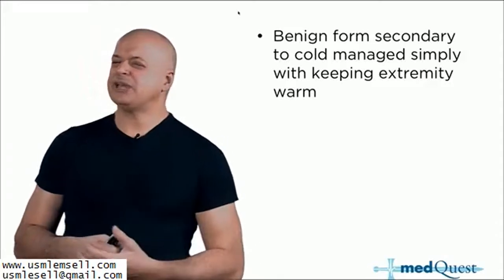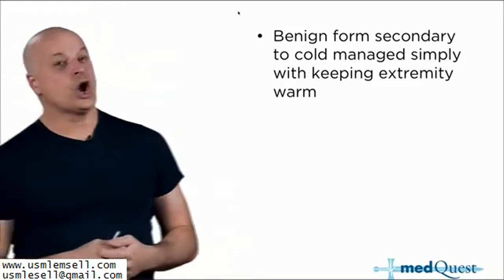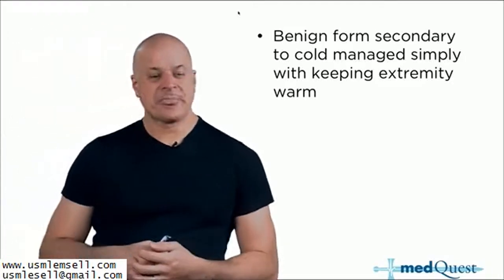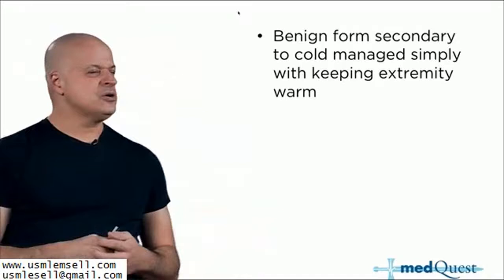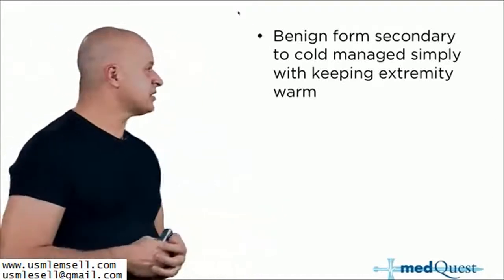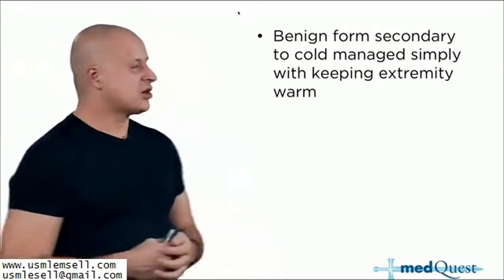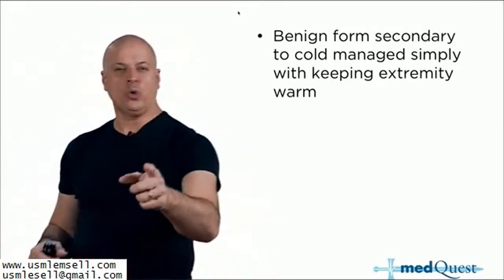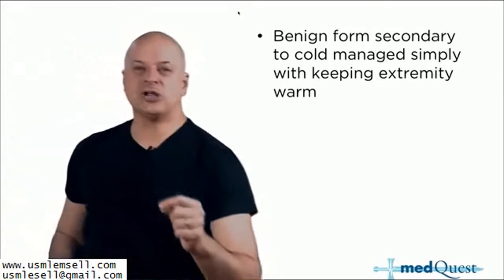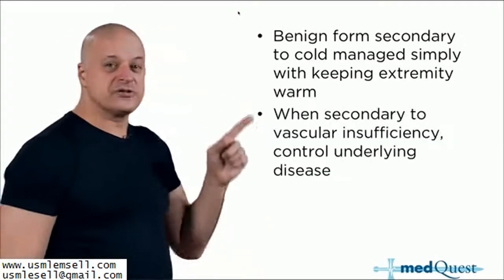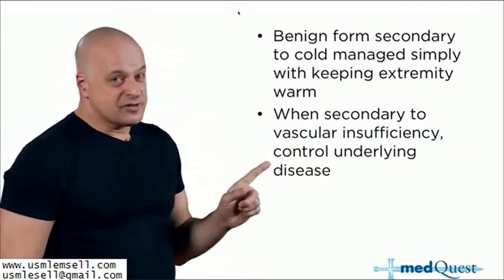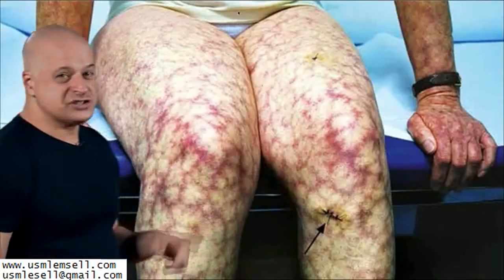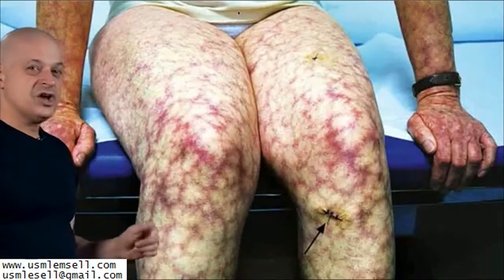What is the difference between a cryoglobulin and a cold agglutinin? Well, they both seem to happen in the cold. But cryoglobulins are associated with livedo reticularis. Cryoglobulins cause this mottling of your skin, known as livedo reticularis.